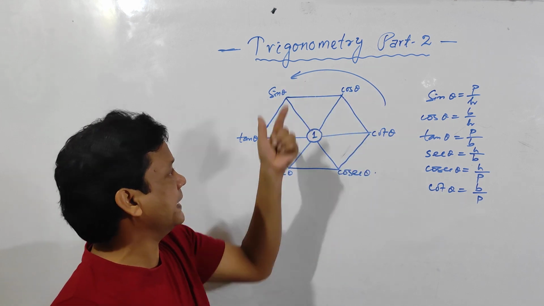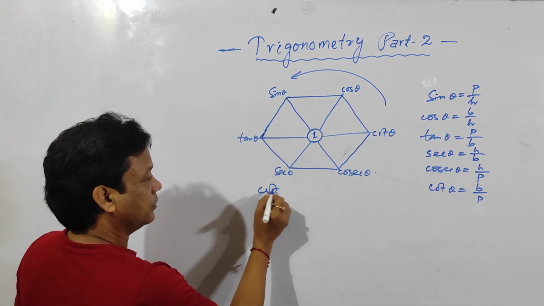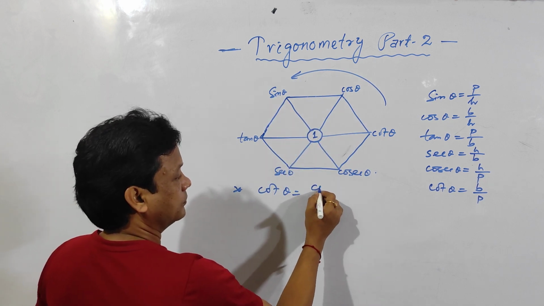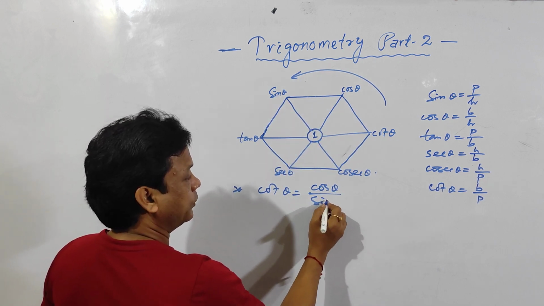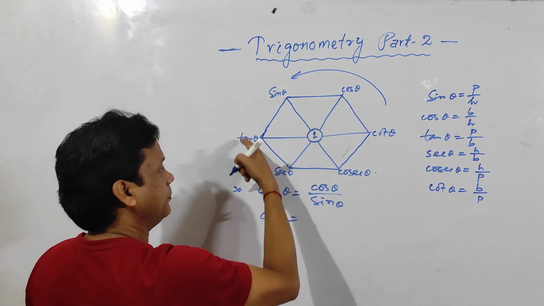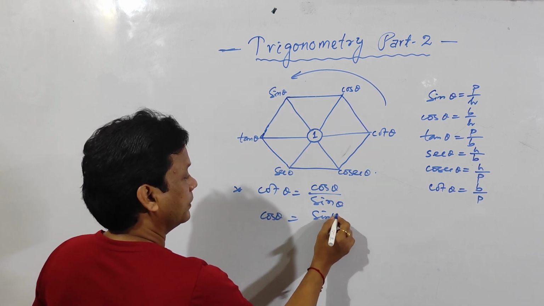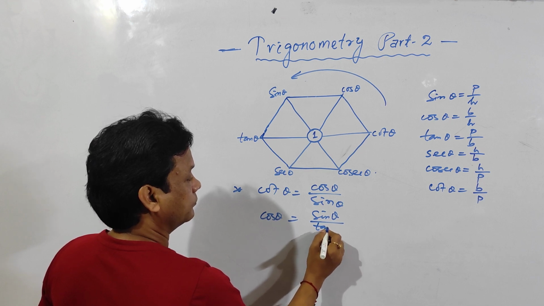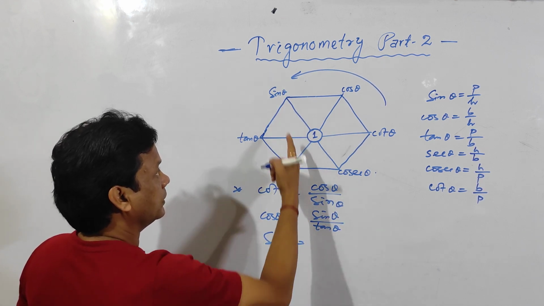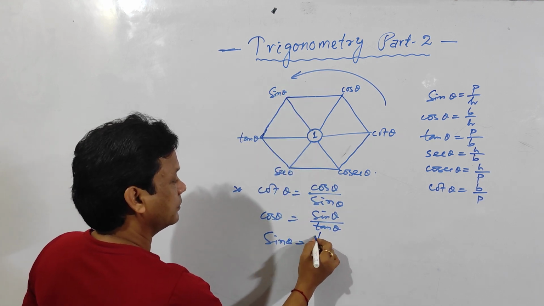Cot theta is equal to cos by sin. Same process. Then cos theta is equal to sin by tan. Sin theta by tan theta. Then take sin theta: tan by sec.